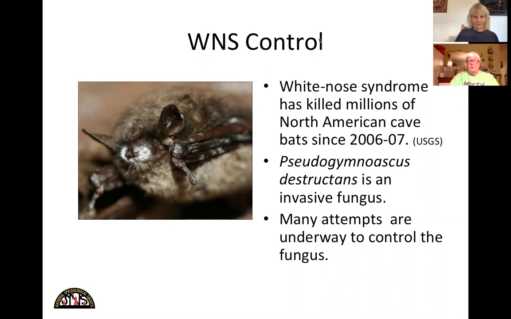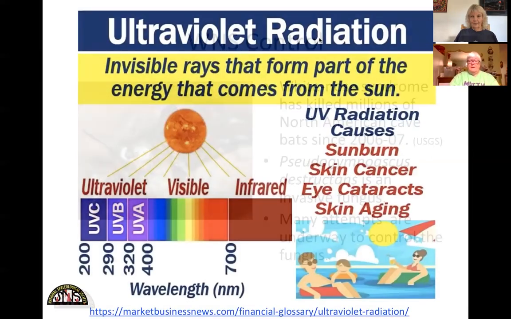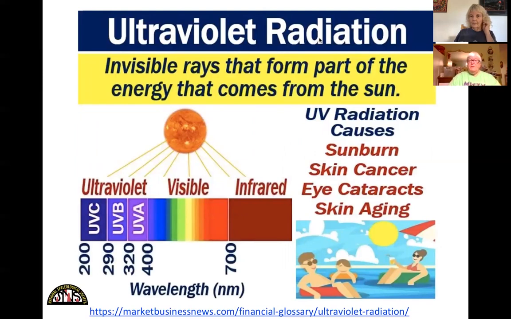And there's a lot of work being done to try to find ways to control the fungus and reduce the fatality among bats. All right, a little background on ultraviolet radiation, because we're using ultraviolet C radiation to try to control the growth of the fungus in the environment. And ultraviolet is part of the electromagnetic spectrum that comes from the sun.